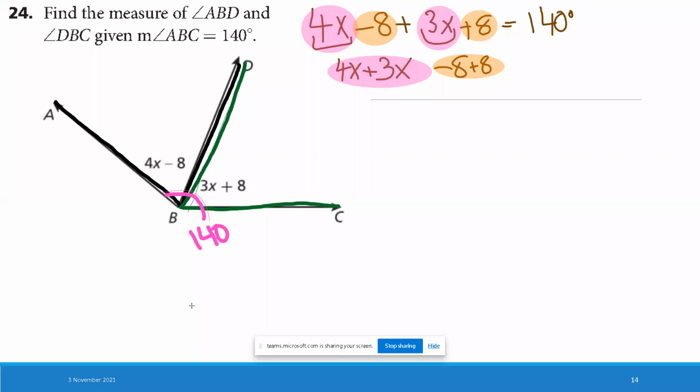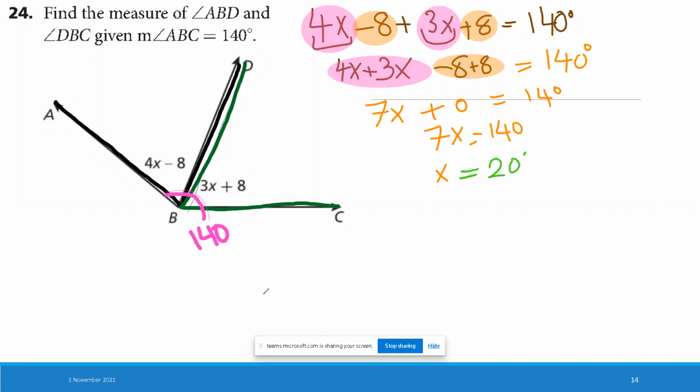Yes, continue now. 7x. Bravo, thank you. So it's 7x plus 0 equals 140. So 7x is 140, so x will be 20. Thank you so much. So x will be 20.